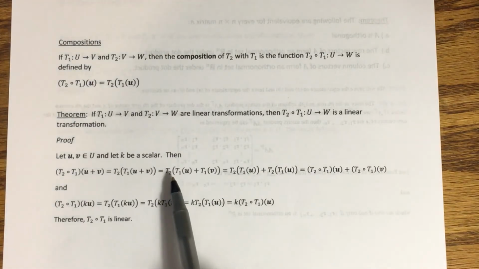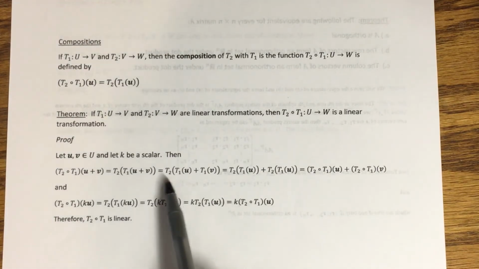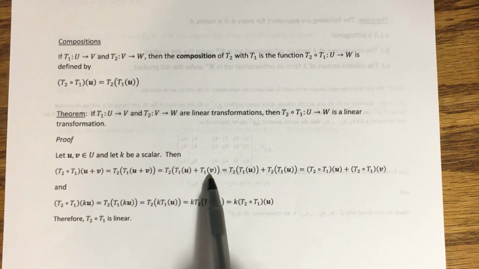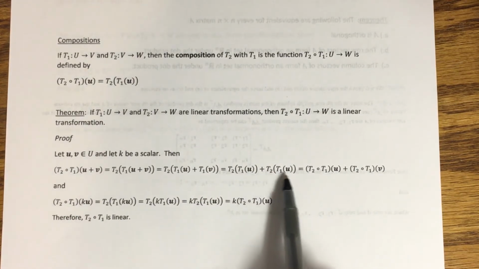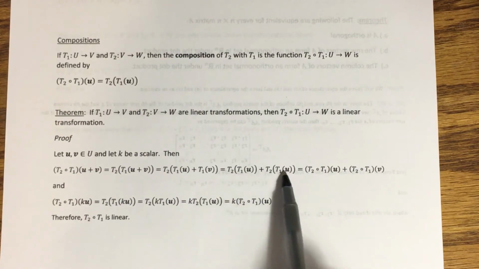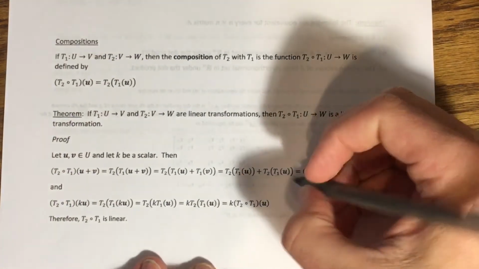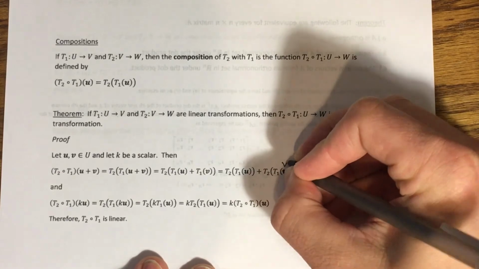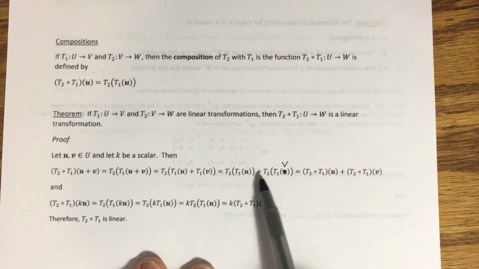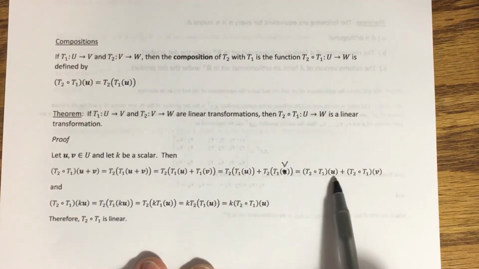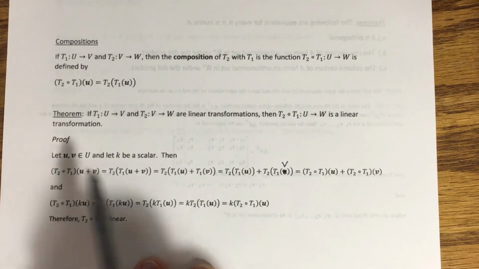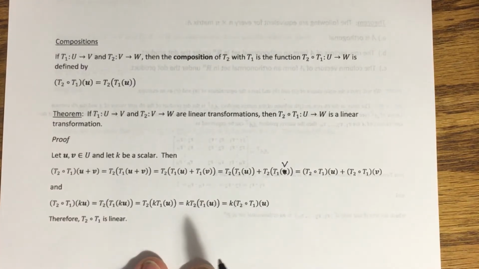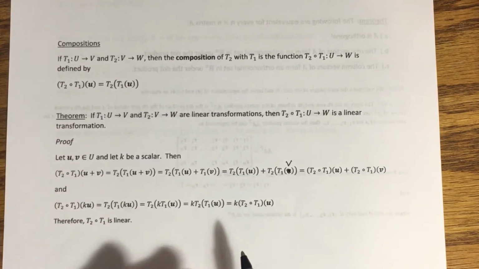Well, again, T2 is a linear transformation, so it also has that additive property, which allows me to split this sum of vectors into T2 of T1 of U plus T2 of T1 of V. Each of these is the composition of T2 with T1 of the vector U or the vector V. So notice this split into that sum that we were looking for, giving us our additive property.